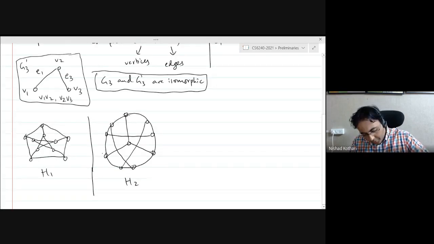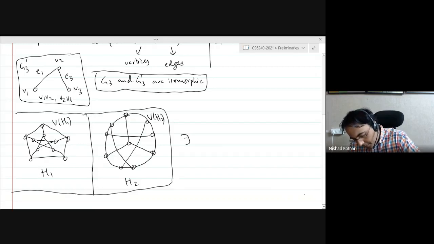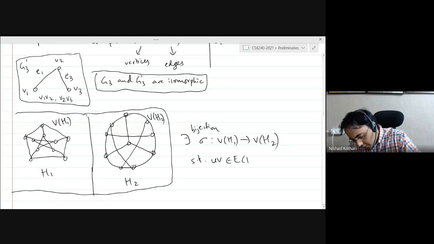Both of these are the same graph because you can find a mapping, there exists a bijection from the vertices of H1 to the vertices of H2 such that two vertices are adjacent in H1 if and only if their images, phi of u and phi of v, are adjacent in the edges of H2.